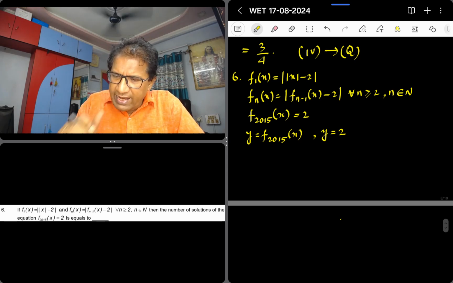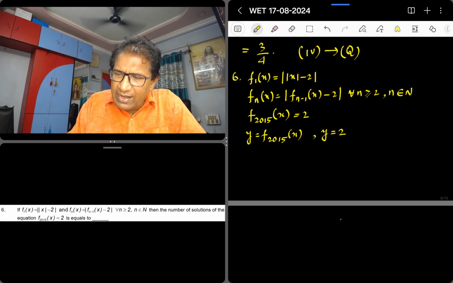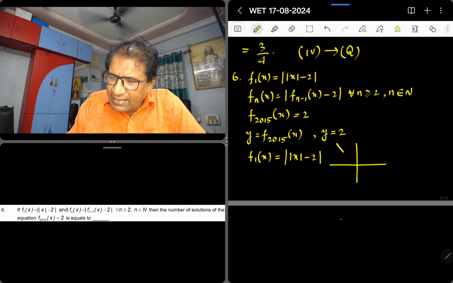Now, to find out how the curve of f suffix 2015x will look, let me just draw the graph of f1x. We will simply use some graphical transformation. One is y equals mod x. The graph looks like this.